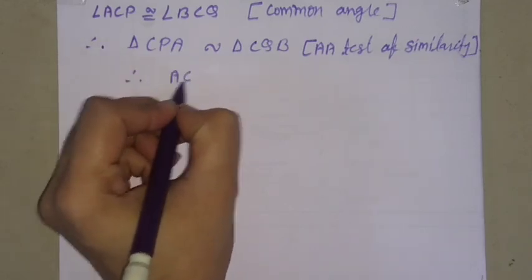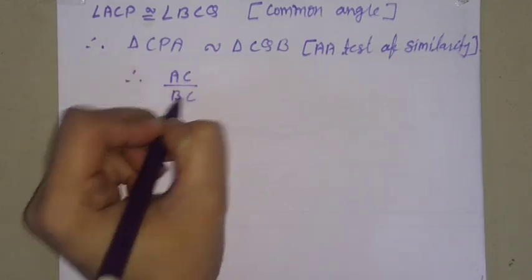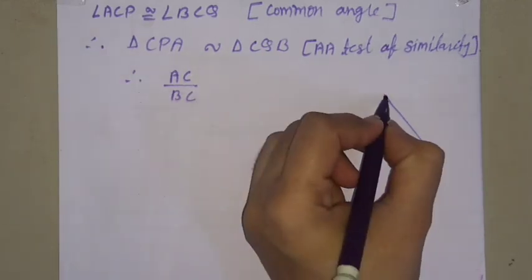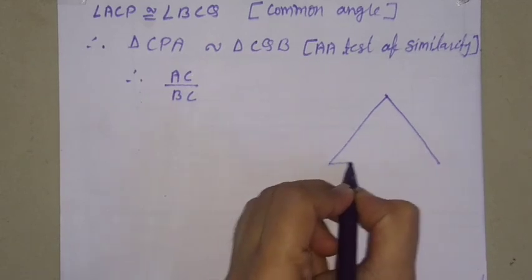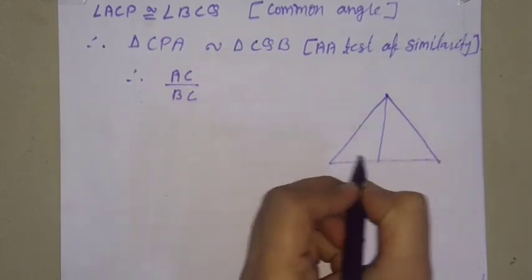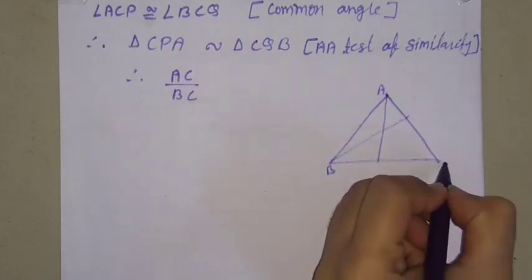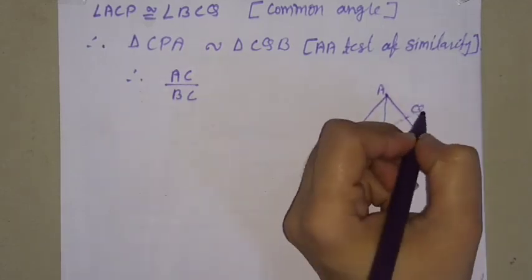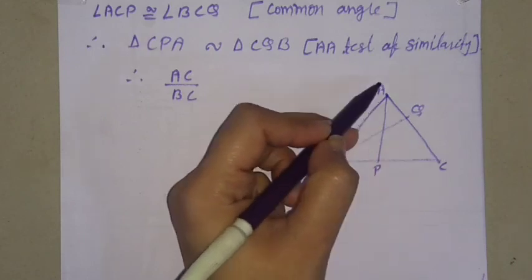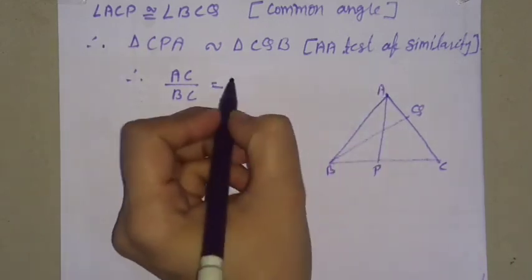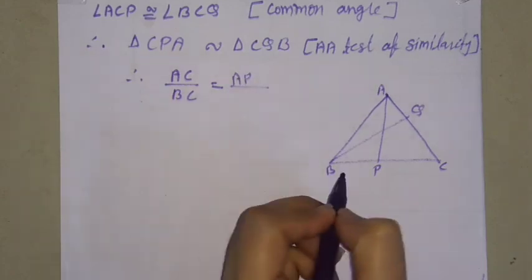Therefore, AC divided by BC equal to AP divided by BQ.